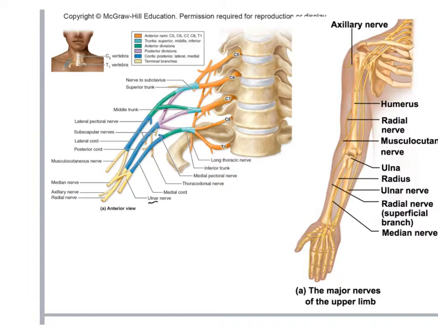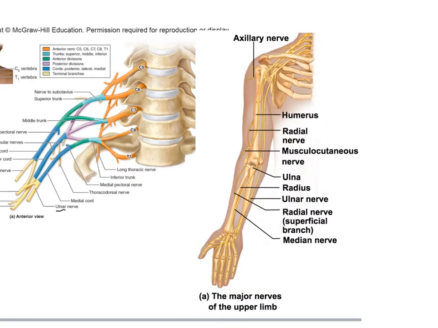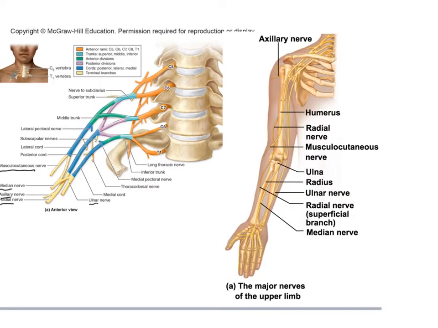Let's move this over. Here's the musculocutaneous nerve, the median nerve, the axillary nerve, and the radial nerve. They come out of this trunk, out of this brachial plexus. And here's another picture showing you the major nerves of the upper limb, right? Ulna, radius, ulnar nerve, radial nerve, median nerve, okay?